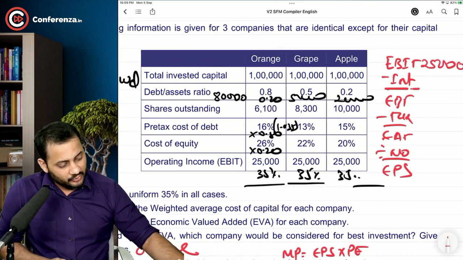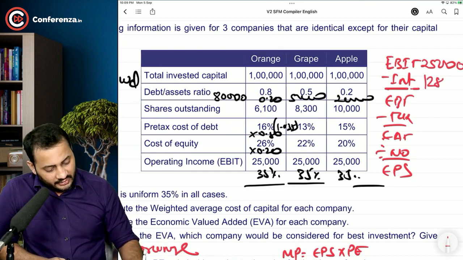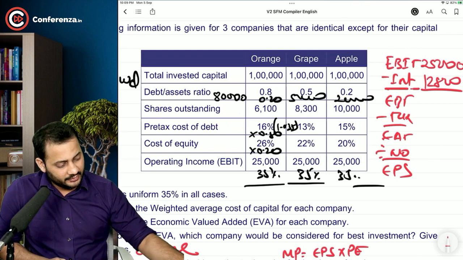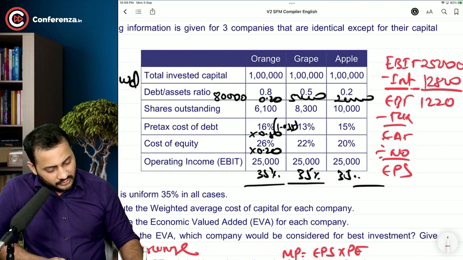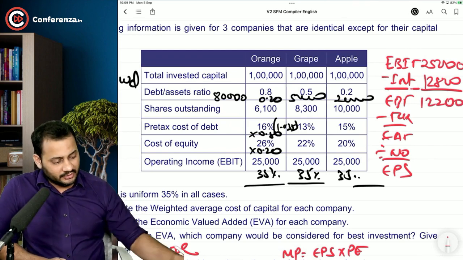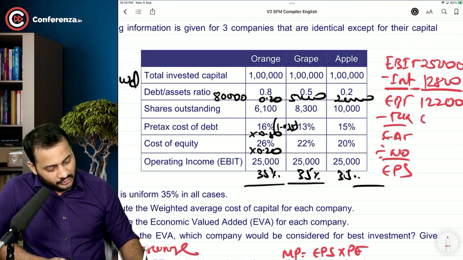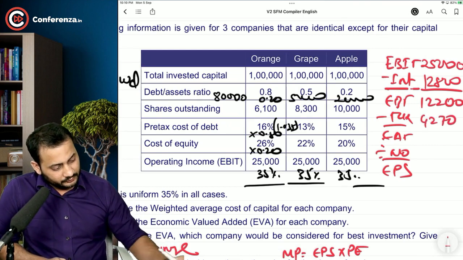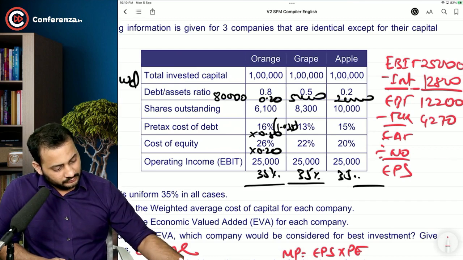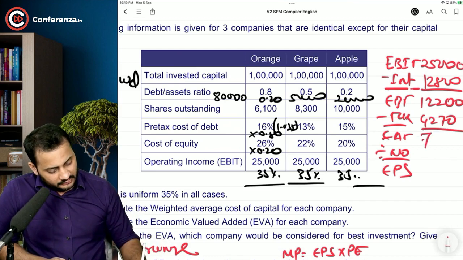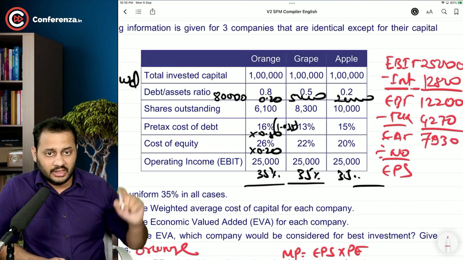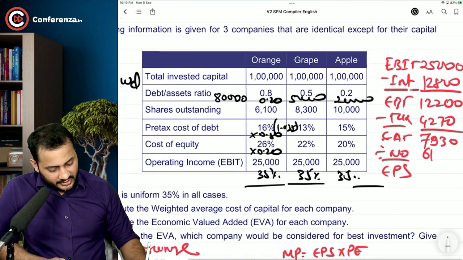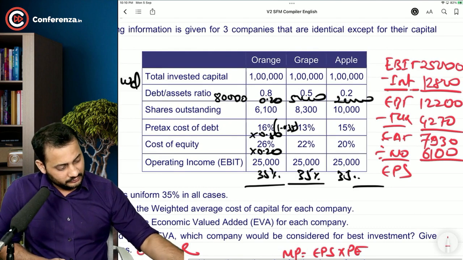So 80,000 into 16% will give you the interest amount, which will be 12,800, and the balance is 12,200, out of which you will deduct the 35% tax rate, which comes to 4,270, which will leave 7,930. Now divide by the shares outstanding, 6,100.